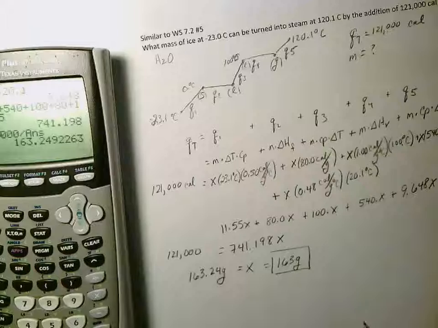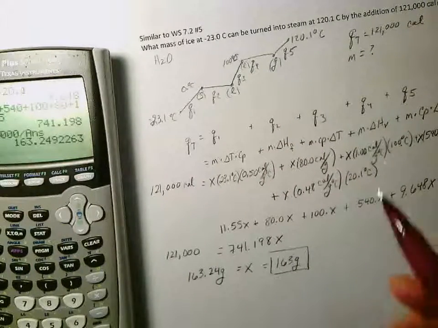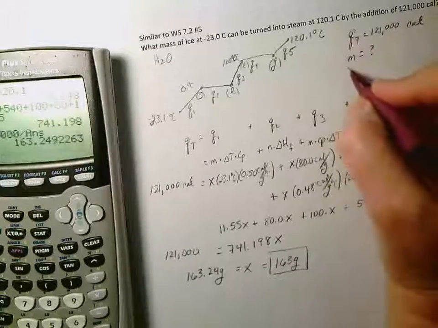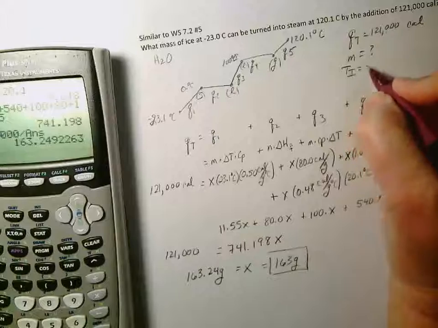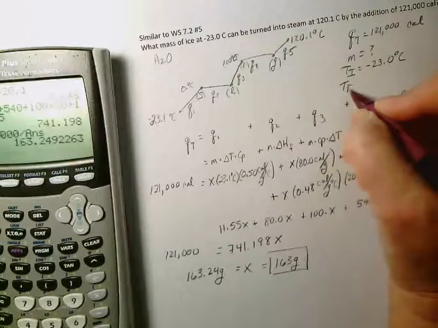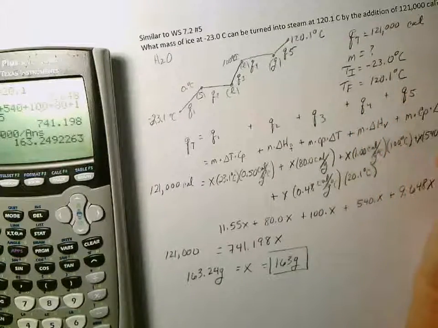So let me know if that helps. The process that I go through, just to review, is I write out my data and what I need to know. And I probably should have written here also my temperature initial is negative 23.0 degrees Celsius. Temperature final is 120.1 degrees Celsius.